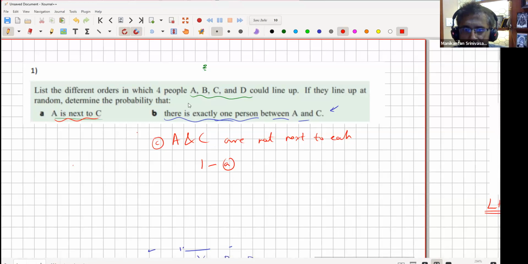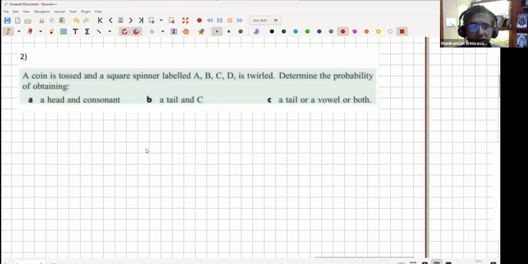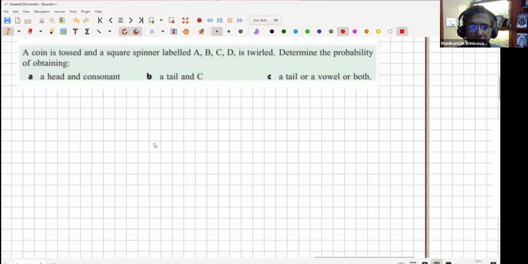Okay, all right. That was question 1. Question 2. Let me just paste it. A coin is tossed, a square spinner ABCD is twirled. Determine the probability of obtaining a head and a consonant. Ranveer, what did you get on this one?